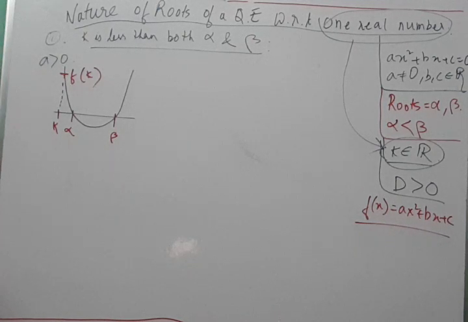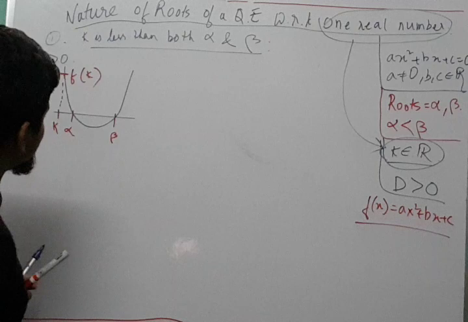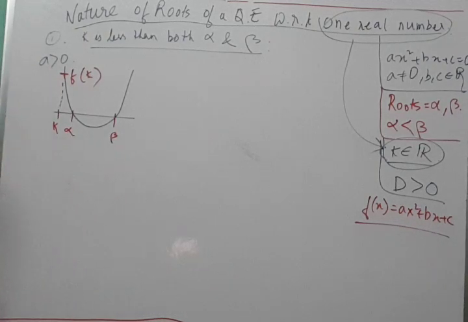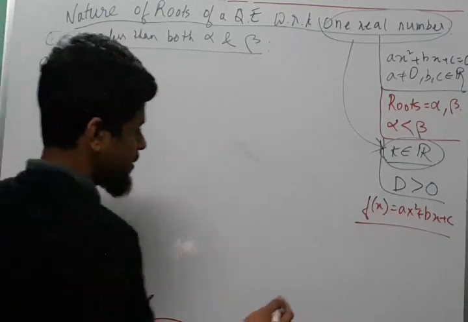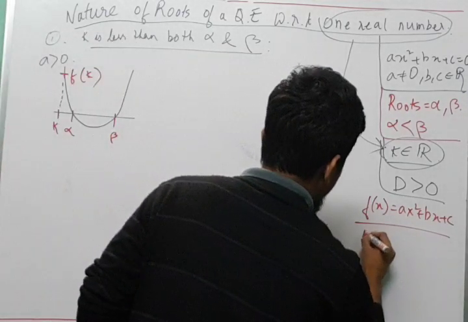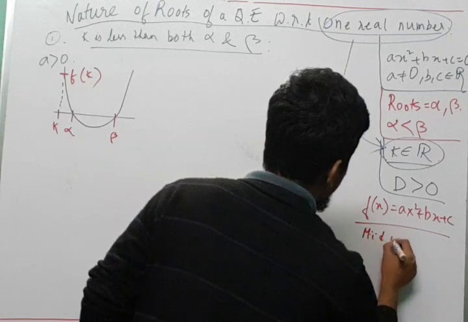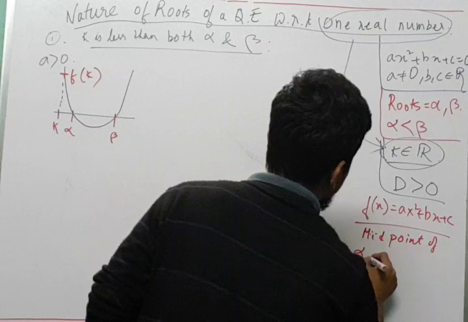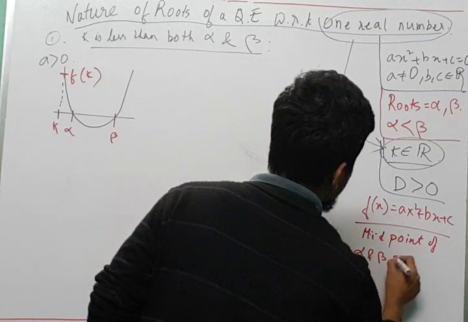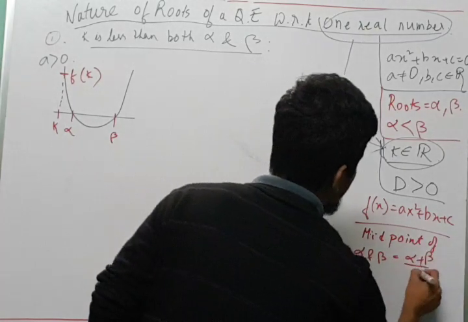One more thing that I want to mention over here is about alpha and beta. What will be the midpoint of alpha and beta? The midpoint of alpha and beta will be alpha plus beta by 2.